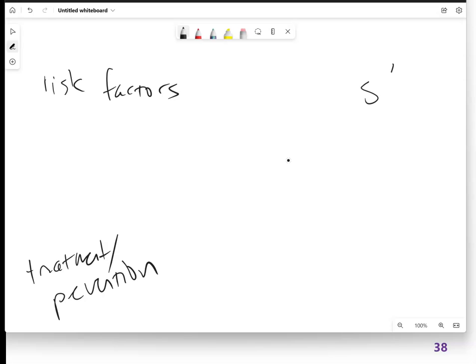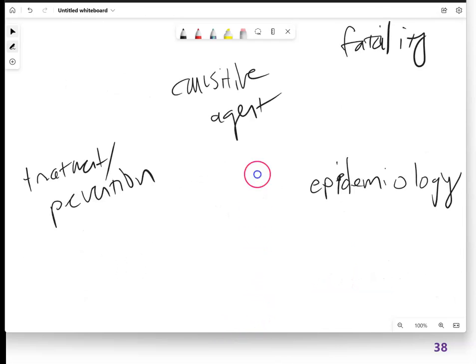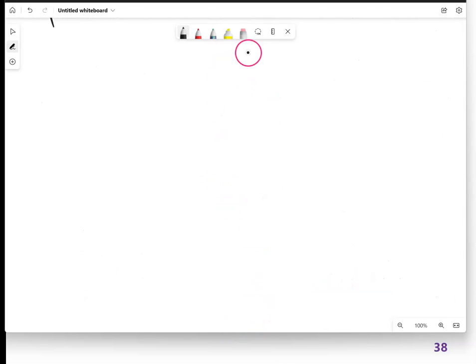Up here you might do signs and symptoms, or fatality, or just the patient experience. Down here you might do epidemiology. And then in the center you could do the causative agent. And then on the opposite side of the card, the disease.